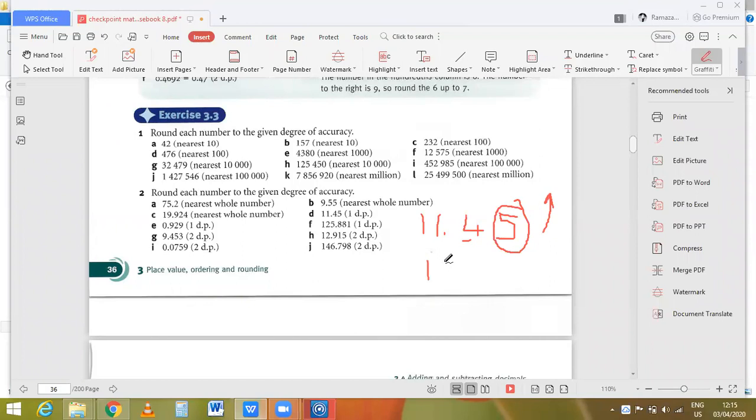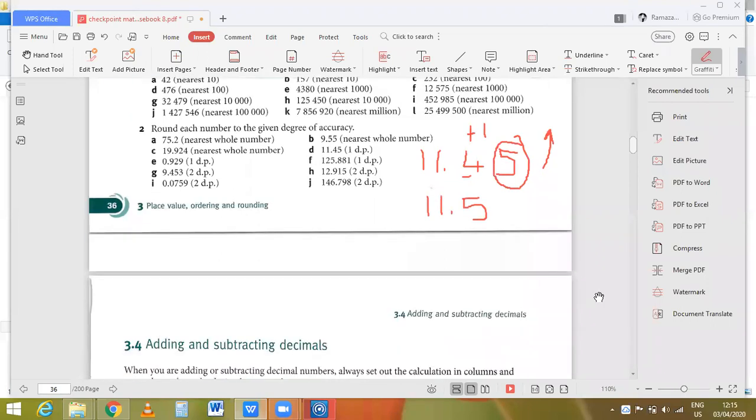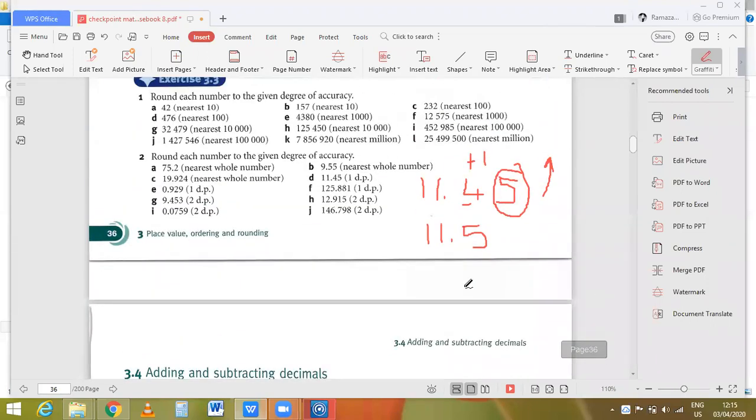So I will write 11 point, just add one more, 11.5. Okay. Anyone else? Any more question?